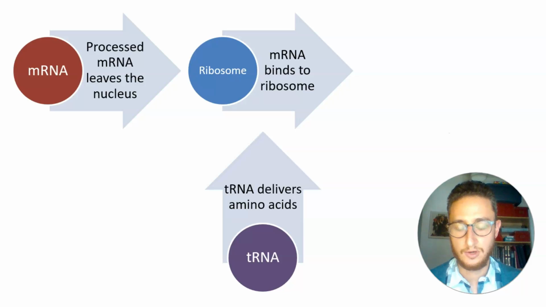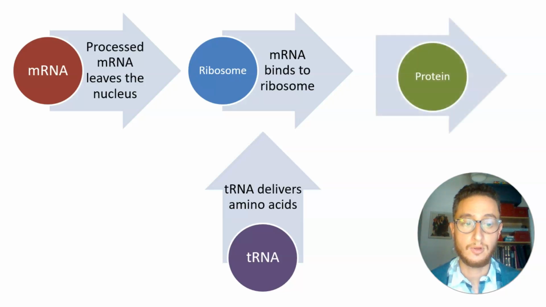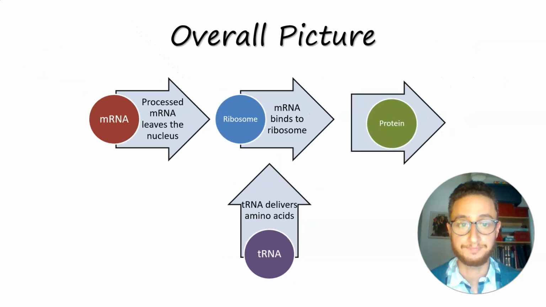These are transfer RNAs, each of which will be carrying a specific amino acid. And a 3-letter sequence on that tRNA is going to match with the 3-letter sequence on the mRNA to make sure that it delivers the correct amino acid in the correct order. And when it does, the ribosome will fuse those amino acids together and form a long chain of them, which ultimately becomes our protein.